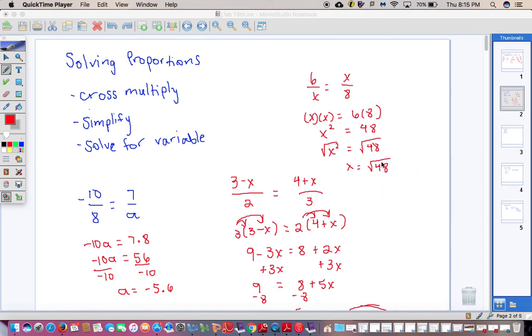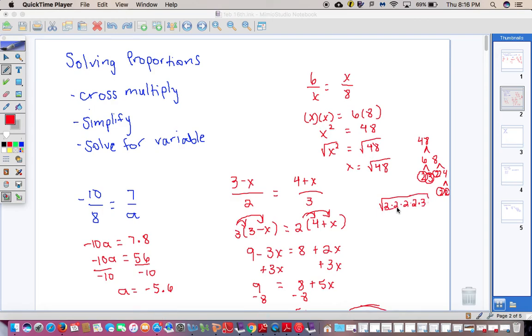Well now, because we already know how to simplify these, I can say 48 is 6 times 8, and 6 is 2 times 3, and 8 is 2 times 4, and 4 is 2 times 2. So I have 2 times 2 times 2 times 2 for 1, 2, 3, 4 times 3.